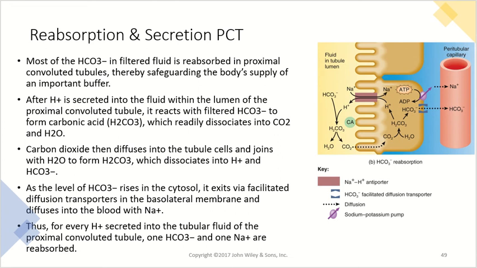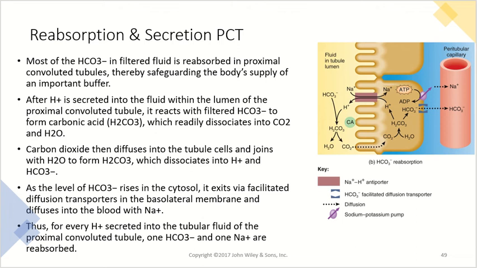So then moving forward to the reabsorption and secretion that we see, continuing with the reabsorption and secretion in the proximal convoluted tubule, most of the bicarbonate ions that are in that filtered fluid are going to be reabsorbed in the proximal convoluted tubule, and are thereby going to help to safeguard the body's supply of this really important buffer, because bicarb is a very important buffer for the body.